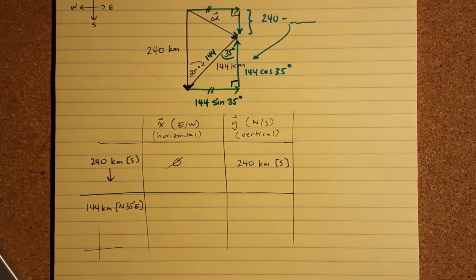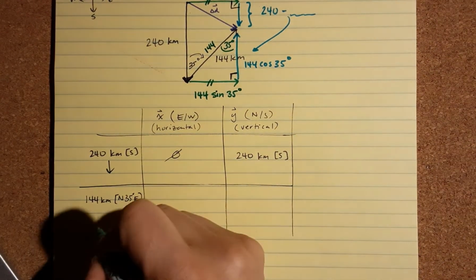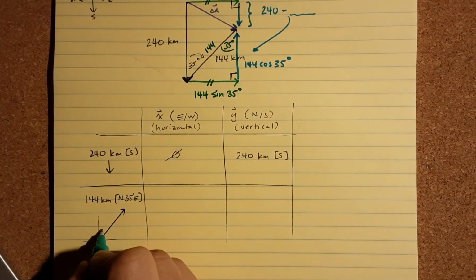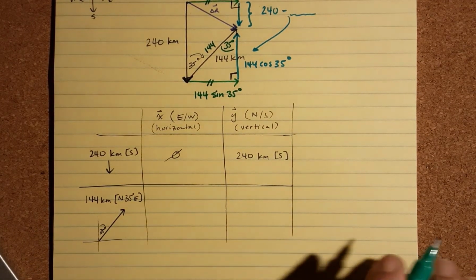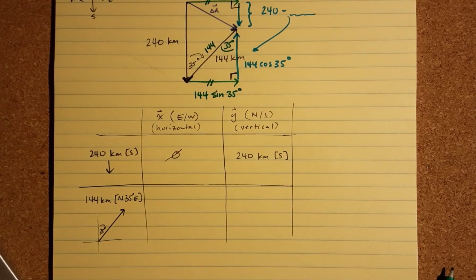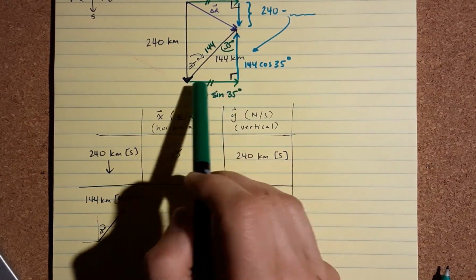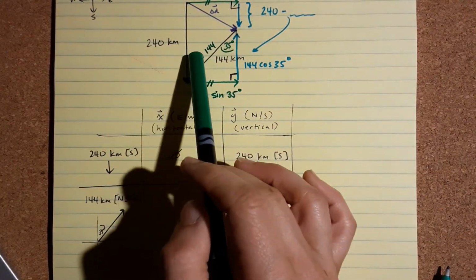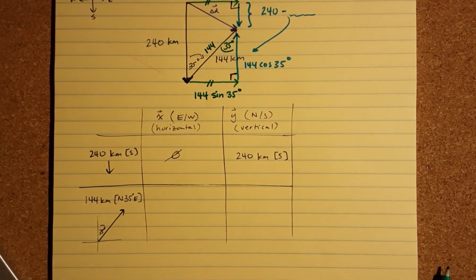So I give myself a little sketch. How do I do that? I draw a little compass. I draw a vector here. This is 35 degrees. Now, I know in this picture, I drew right and then over, but that's just because I didn't want to run into this one over here. So hopefully I don't confuse you. I'll use the same colors though.